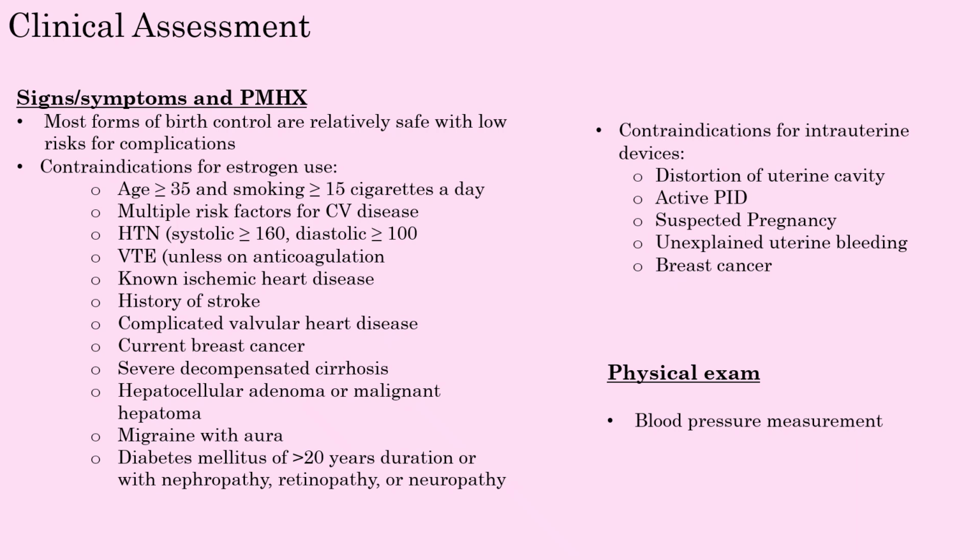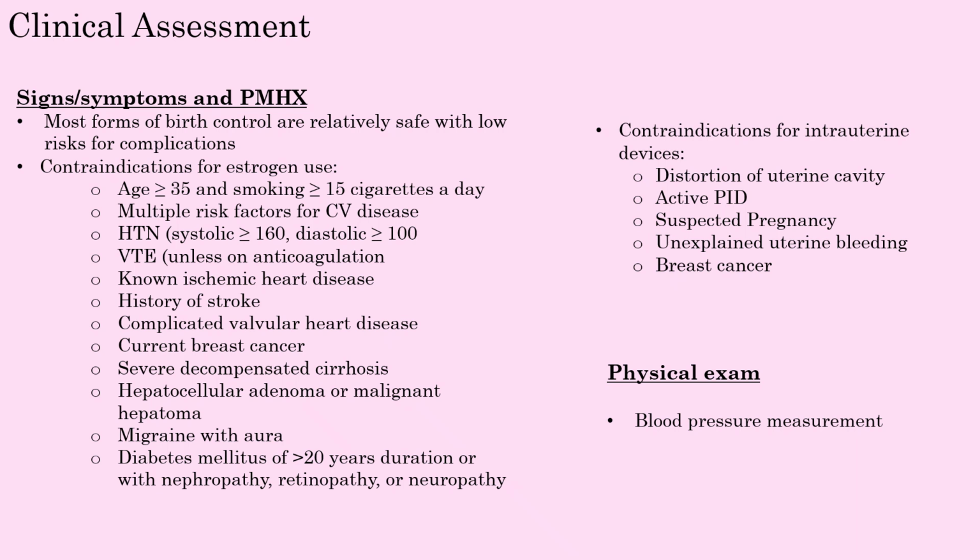So some of these contraindications include age over 35 and smoking 15 or more cigarettes a day, multiple risk factors for cardiovascular disease, hypertension, pulmonary embolisms or DVTs, known ischemic heart disease, history of stroke, complicated valvular heart disease, current breast cancer, severe decompensated cirrhosis, hepatocellular adenoma, migraine with aura, diabetes mellitus of greater than 20 years duration, or with complications like nephropathy, retinopathy, or neuropathy.